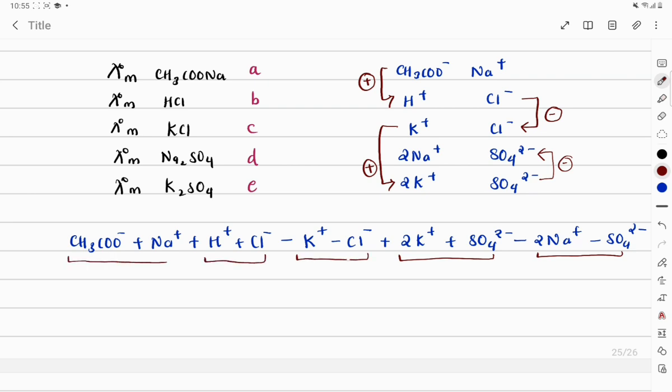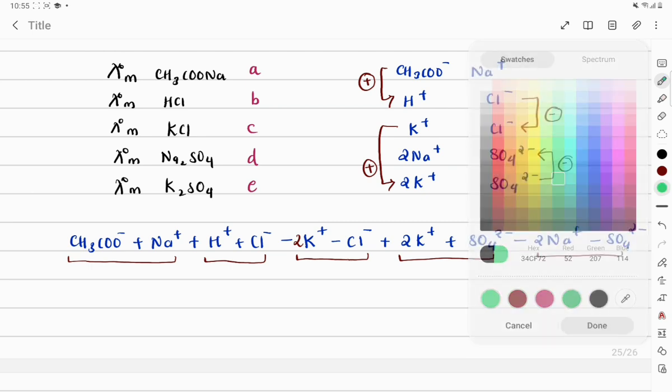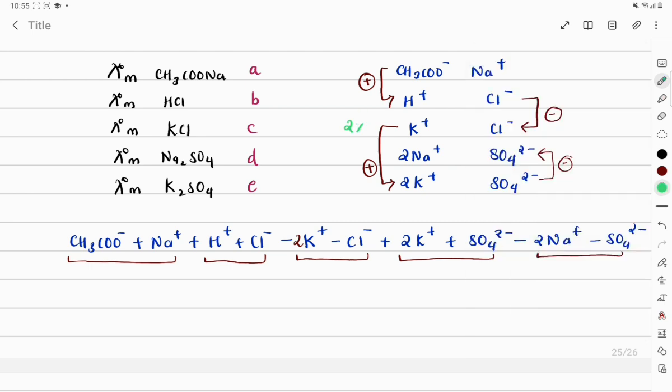So at some places there is actually a stoichiometric coefficient of 2. For example, for K plus we have that. If we have it for K plus, then I have to put a 2 here also. For that I will have to multiply the entire term KCl with 2. So this term for KCl has to be multiplied with 2.